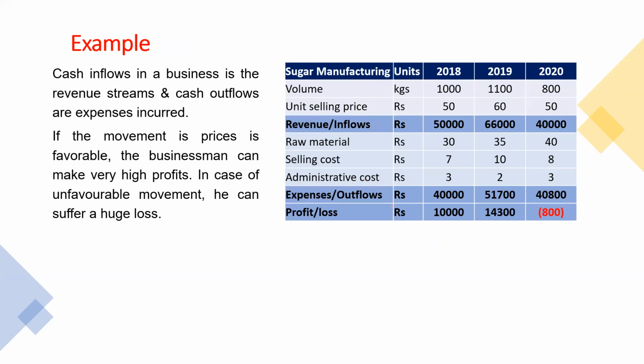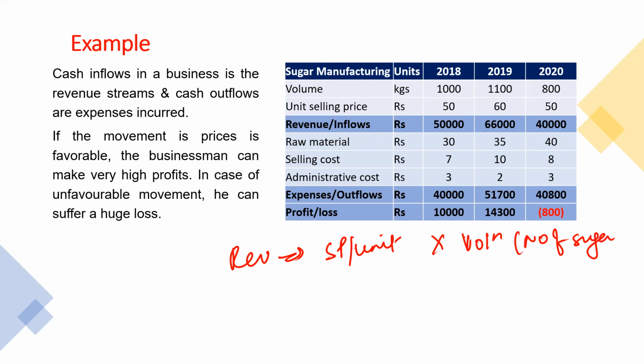Let's say he's a businessman, and when we talk about revenues, we talk about the selling price per unit. One mango, what is the selling price of one mango, into the volume? That is the number of mangoes sold, or the number of sugarcane bags sold. Here I've taken the example of sugar.